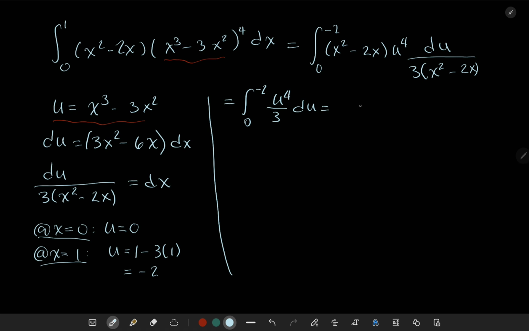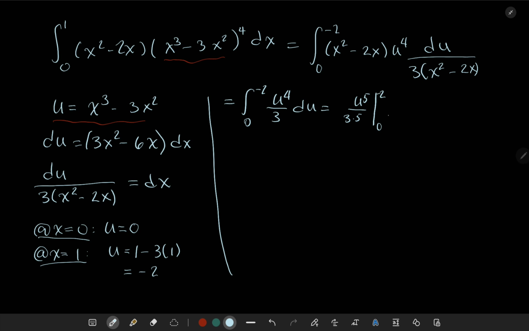So I'll just do u to the fifth over 3 times 5, just adding 1 to the exponent. And now I'm going to evaluate it between 0 and negative 2 by the fundamental theorem of calculus. It's important not to mess that up.